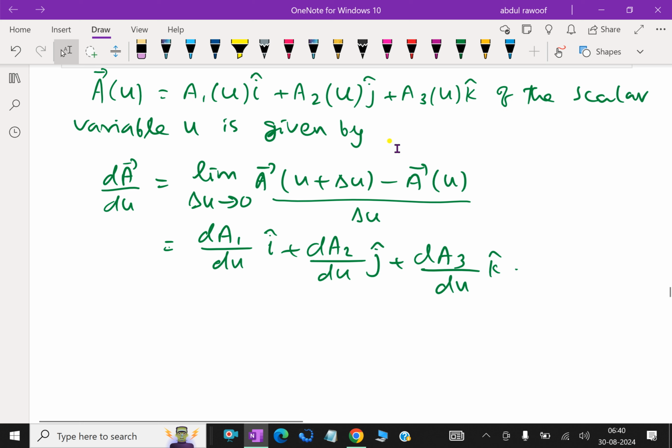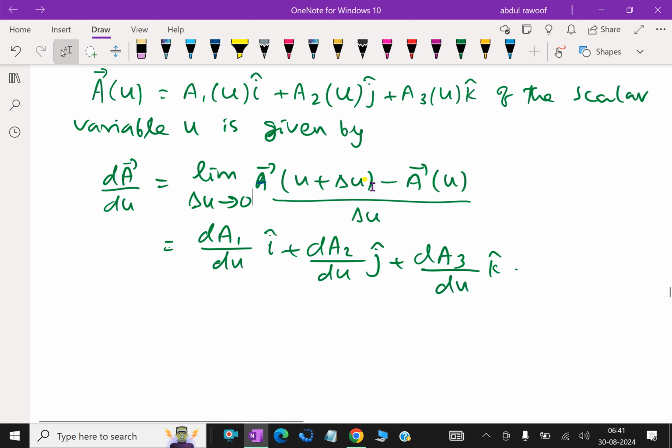Now the differentiation of vector A with respect to u, that is dA by du, is equal to the limit as delta u tends to 0 of vector A of u plus delta u minus vector A of u, divided by delta u.